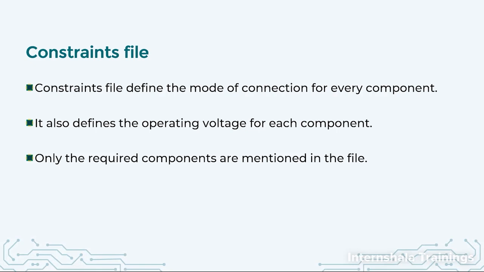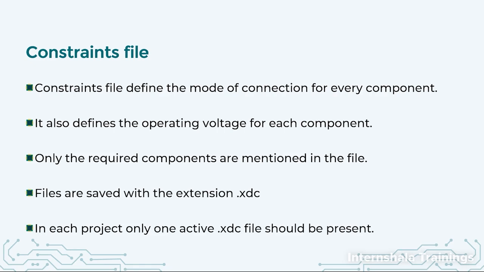We don't need to declare for unnecessary components. Files are saved with the extension .xdc, and we have to take care that in our Vivado project only one XDC file is active. We can have as many as we want, but we should disable all others and only keep one file as our active file.